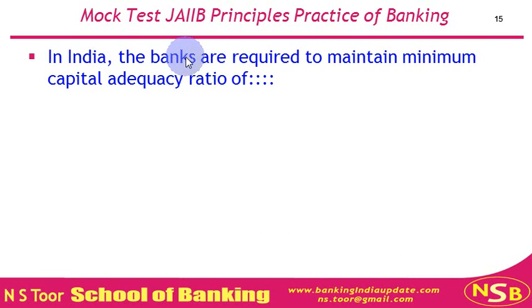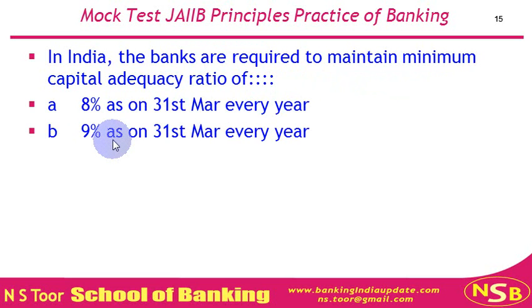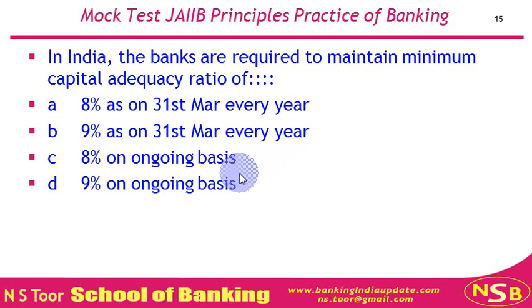In India, banks are required to maintain a minimum capital adequacy ratio of. What is the minimum capital adequacy ratio in India? 8% as on 31st March every year, 9% as on 31st March every year, 8% on ongoing basis, 9% on ongoing basis.